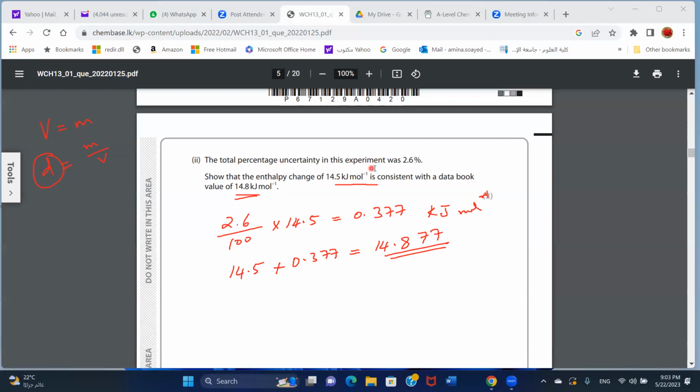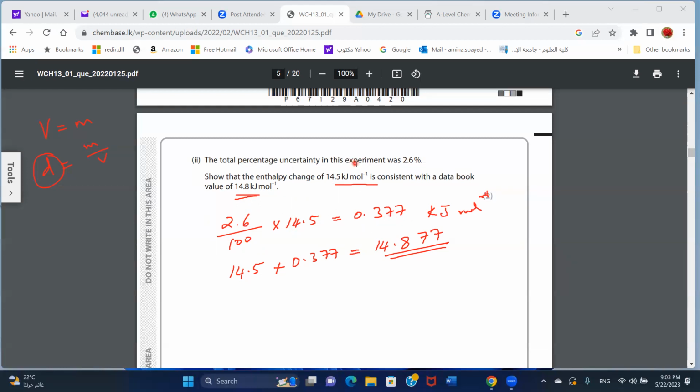So the percentage uncertainty means that you add 2.6% to the 14.5, because this was a percentage uncertainty. We say plus or minus 2.6%. So if you calculate the 2.6% of the 14.5, this means that we got 0.377.